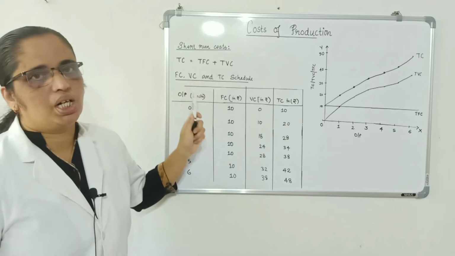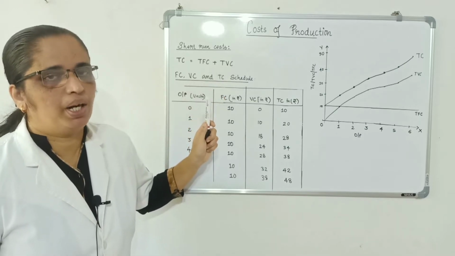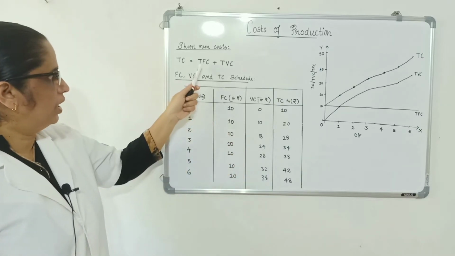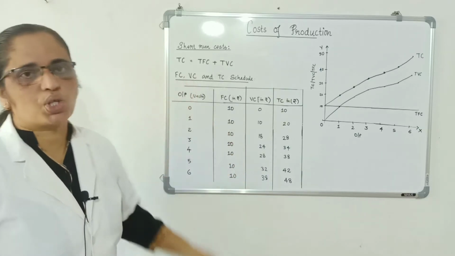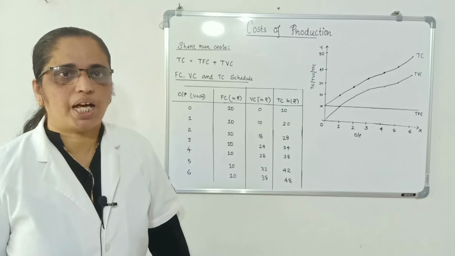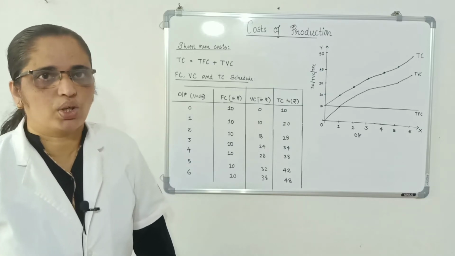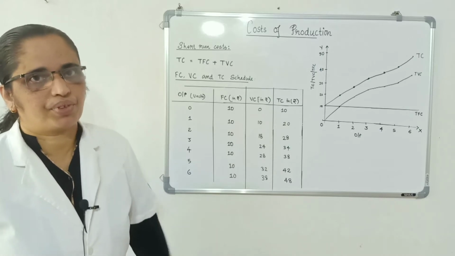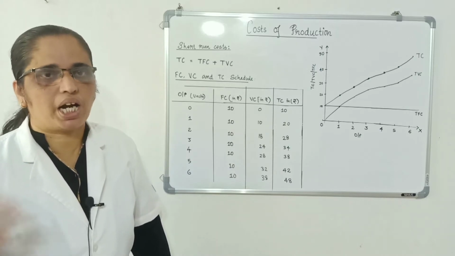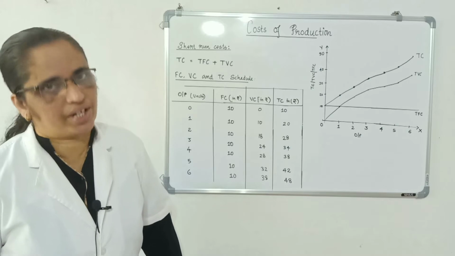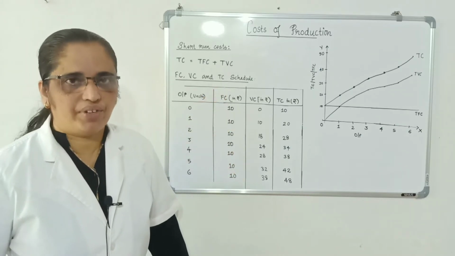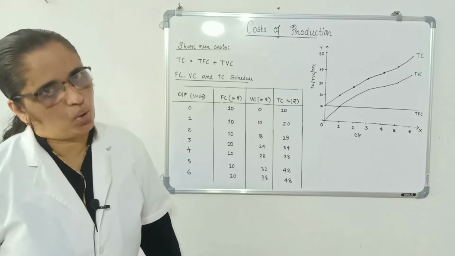Variable costs are the costs on variable inputs or variable factors. Fixed costs are those costs that do not vary with the size of the outputs. It is fixed. Whether the output is high or low, fixed cost is fixed. Variable costs are those costs that vary with the size of the outputs.